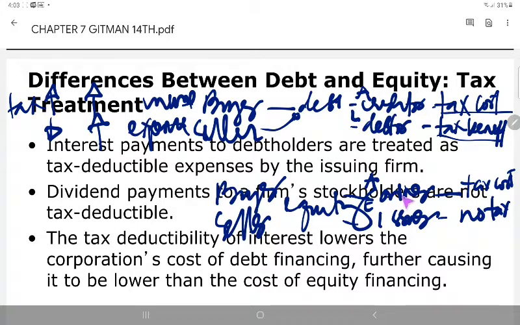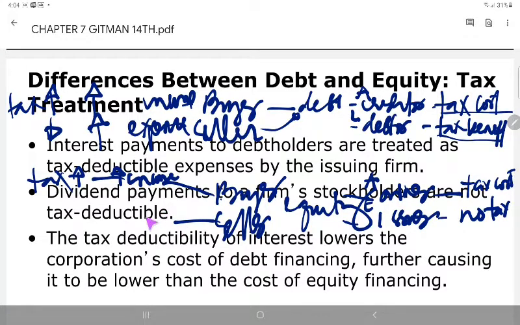If I am the buyer, I will have a tax cost. The reason that you will have a tax cost is because, diba, it will be an income. O edi, kung income to, di ba dividend income? O di, the higher the income, the higher the tax.